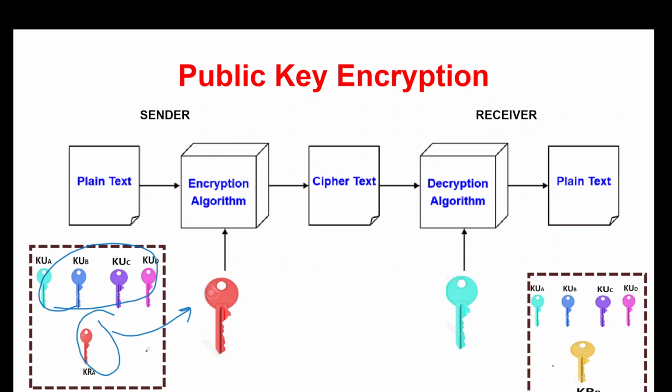We may encrypt using one key. For example, here I use the private key of user A to encrypt, then I will use the public key of A to decrypt. So I should use encryption with one key, either private or public, and decryption with the other key. It's a pair of public and private keys.